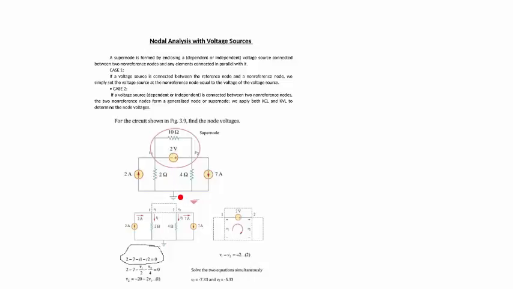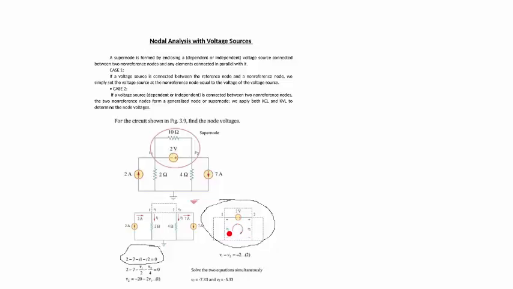Once this is done, you will have another circuit. Not actually a new circuit, it is the supernode circuit that you will be using. For the two nodes between where the voltage source was, you add a plus and a minus, and you just go around as a closed loop.